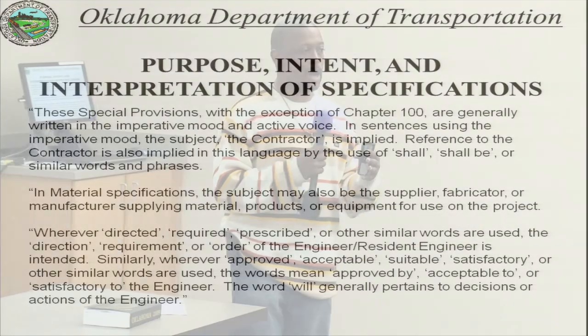Anymore, we do specify what the engineer's role and responsibility is. So we'll say to the approval of the engineer, to the satisfaction of the engineer, at the engineer's discretion. We're pretty specific when it comes to the resident's responsibilities as it applies to the specifications. All right, got through that.